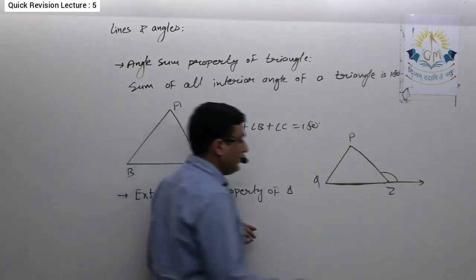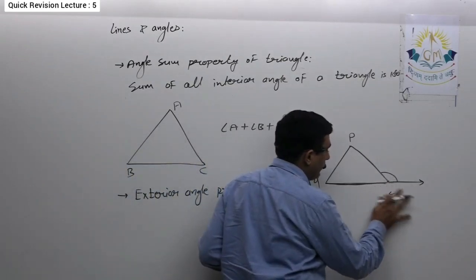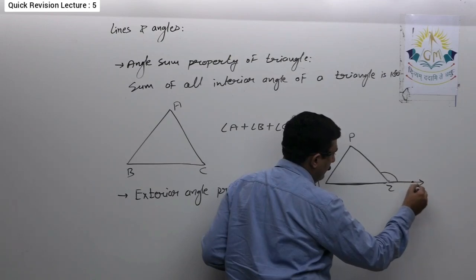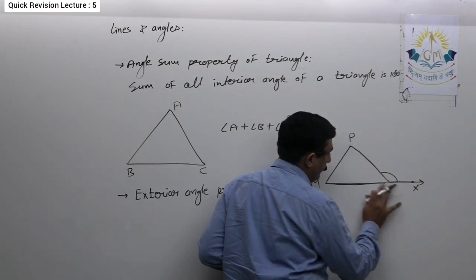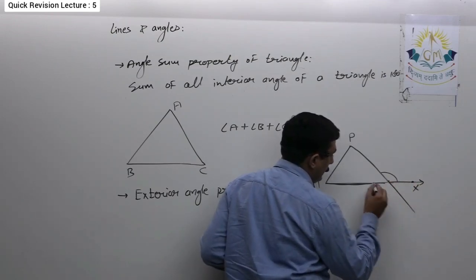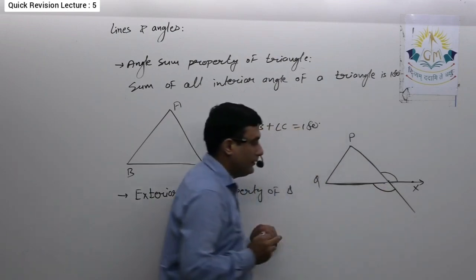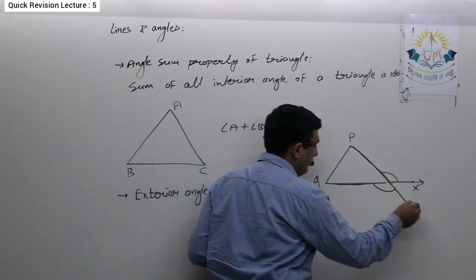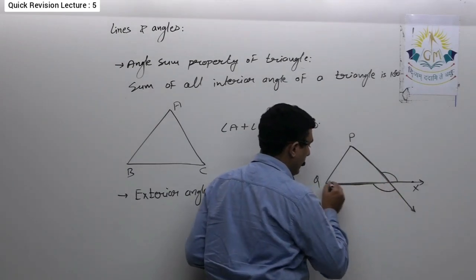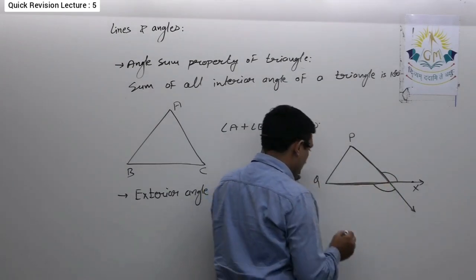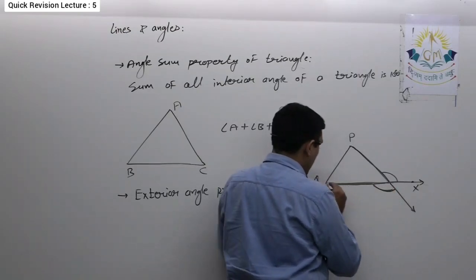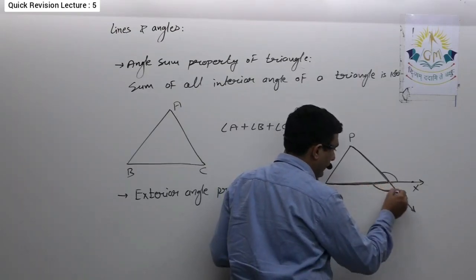At every point of the triangle there are two exterior angles. Here, if I produce PZ to X, this will be an exterior angle between one side of the triangle and one side produced.